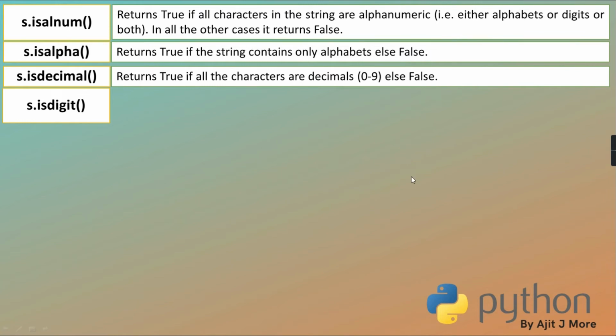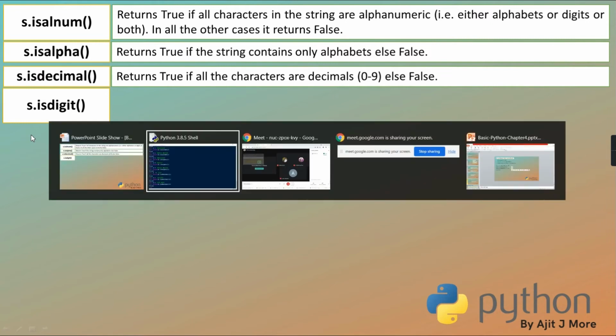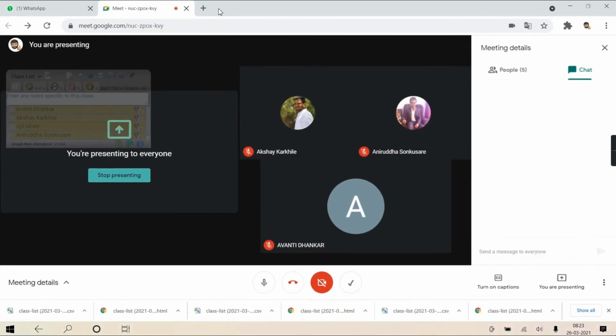Is that square written in a superscript? Sometimes we write H2O, so 2 we write in a subscript. So if your string contains such superscript, subscript digits, then also it will consider it as true. Otherwise false. I will show you an example.